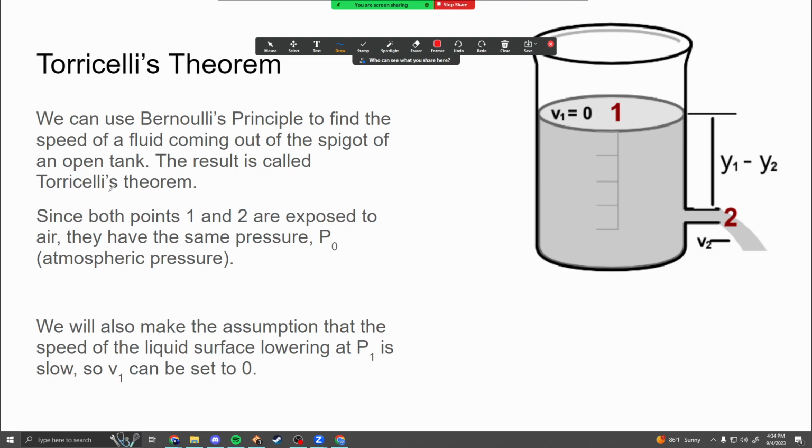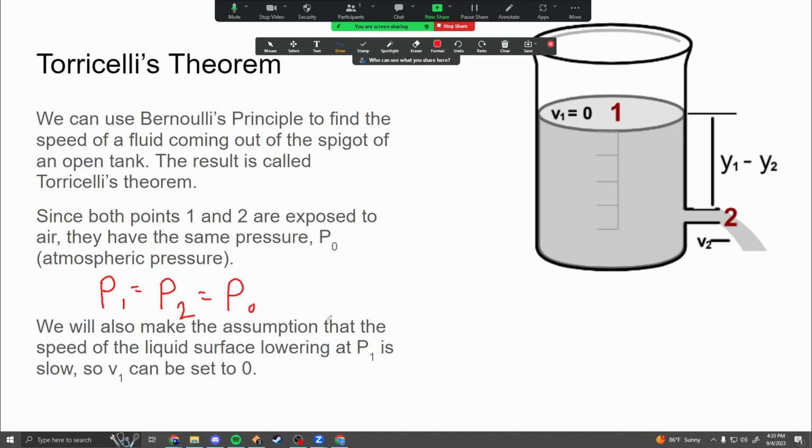So if we take that into consideration, we could say, okay, well then P1 is equal to P2, which is just equal to the pressure of the atmosphere. Okay. And we can also make the assumption that if we're at the top of the fluid here, the speed of the liquid lowering at that point is extremely slow, so we could say that V1 is equal to 0.